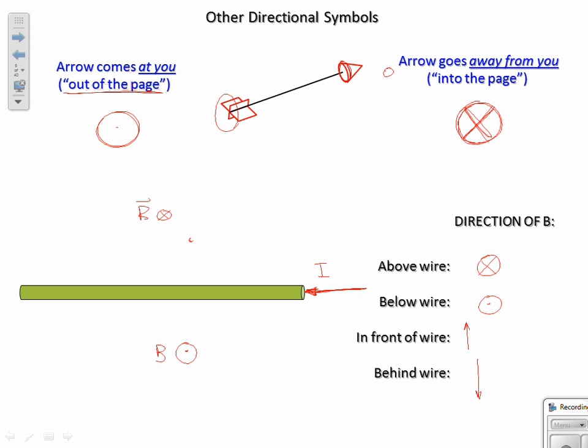If I really wanted to, I could draw the field sort of like this: out of the page up here, and yeah, the magnetic field really looks like that. It is a nice continuous loop around this wire, but we'll talk about it at these 4 different locations. Okay?